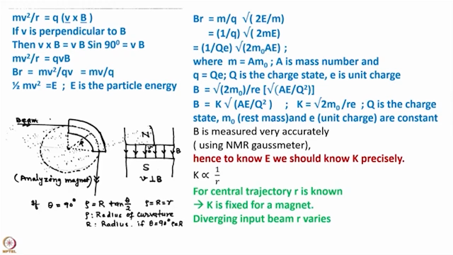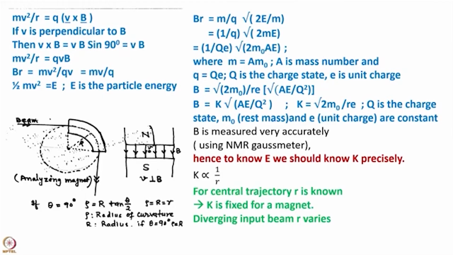Since we are considering 90 degrees, the equation becomes mv squared divided by r equals q times vB. From this equation we can write Br equals mv squared upon qv, or mv upon q. Now mv is nothing but the momentum of the particle, and q is the charge. Let us write that half mv squared is the kinetic energy E, the particle energy.